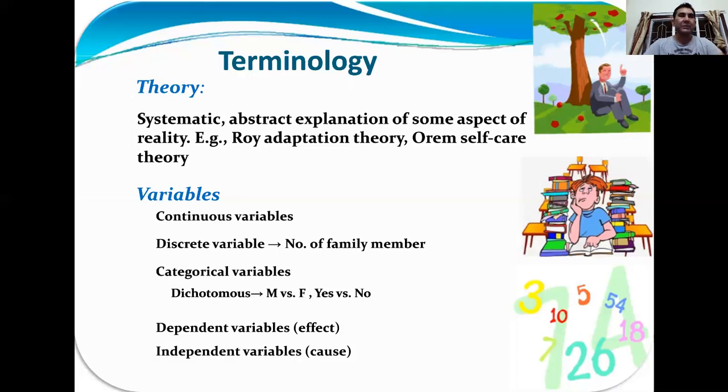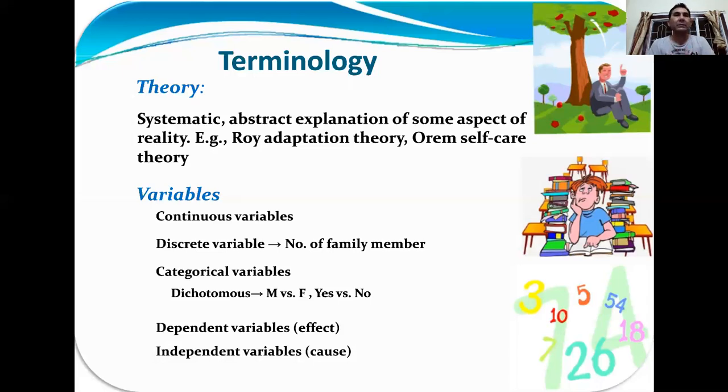So continuity is present between the two data points. Then the discrete variable is another type of variable in which a complete gap is present between two data values, like the number of family members in a house, or the number of children in your family, 2 or 3.